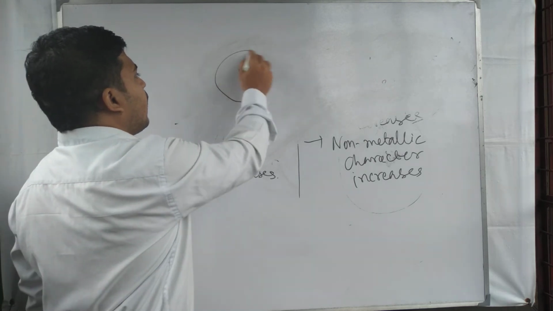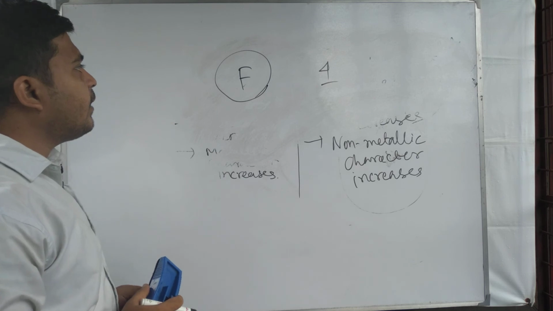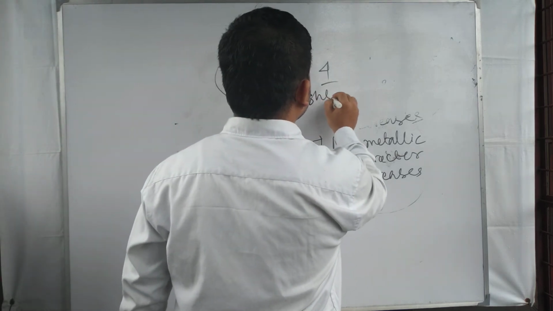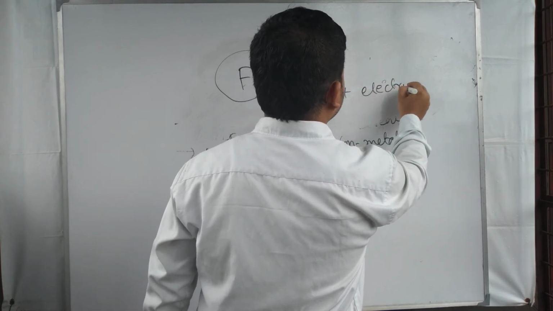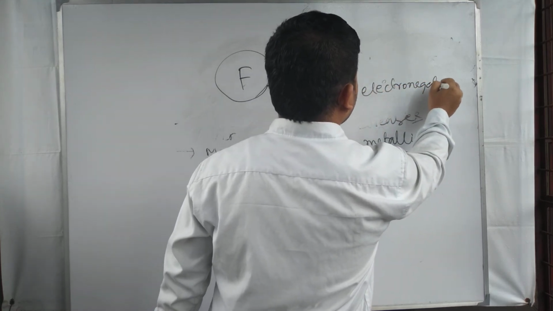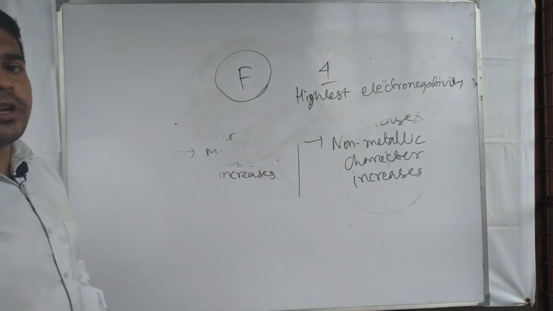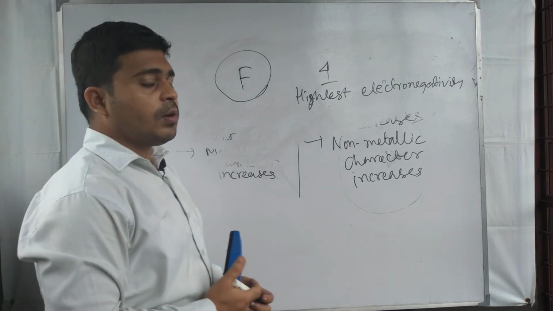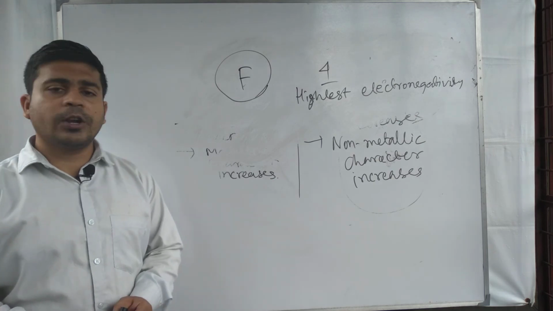Fluorine has electronegativity value 4 on the Pauling scale, so it has the highest value of electronegativity among all elements present in the periodic table.